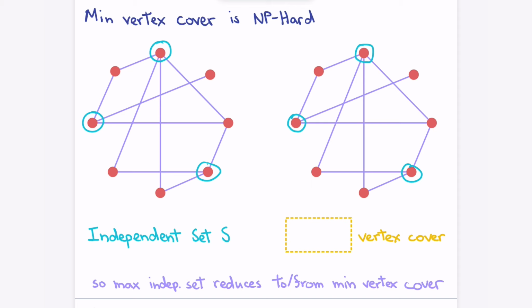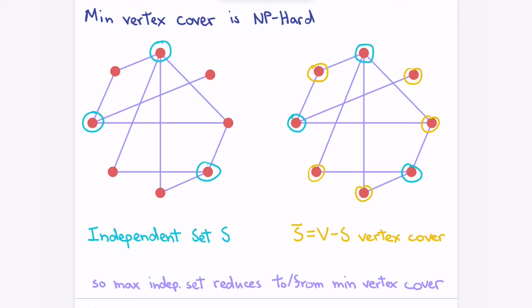On this graph on the right, I've also highlighted that same independent set. Do you notice anything about all the vertices that aren't in the independent set? So I'll highlight them. So for every independent set, the opposite set of vertices is a vertex cover, right? Independent set guarantees for any edge, you can only take one of the endpoints.